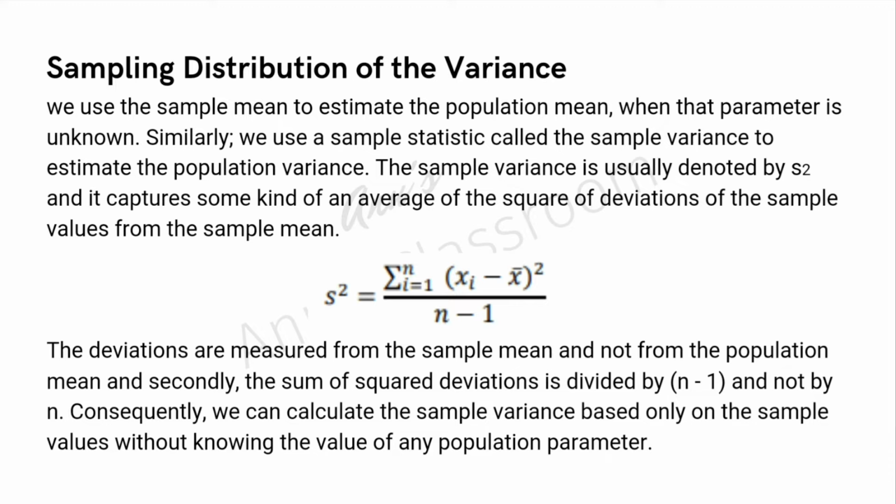The deviations are measured from the sample mean and not from the population mean. Secondly, the sum of the squared deviations is divided by n minus 1 and not by n. Consequently, we can calculate the sample variance based only on the sample values without knowing the value of any population parameter. This is the formula for calculating the sample variance.